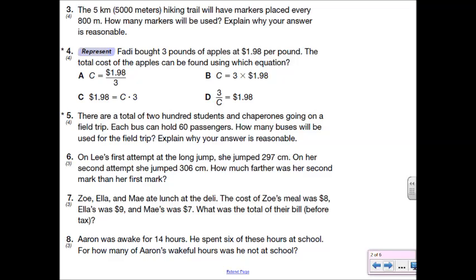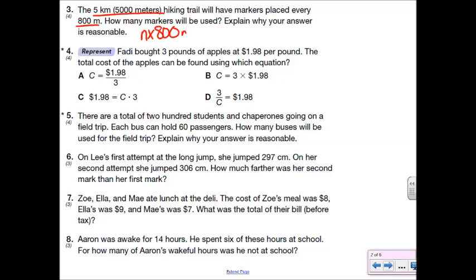So we have the total distance, 5 kilometers or 5,000 meters. We have how many meters will be in each grouping, 800. We want to know how many groups or how many markers there will be. So we don't know N, and then times 800 meters.